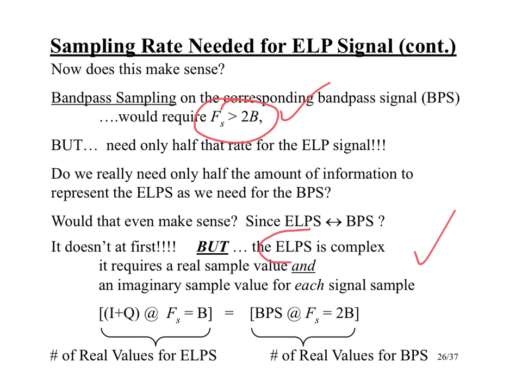Remember, the equivalent low-pass signal is complex valued. So to sample it, I need a sample at this instant of I and a sample at this instant of Q. So I'm actually sampling two signals at a rate of B, versus here where I'm sampling one signal at a rate of 2B.